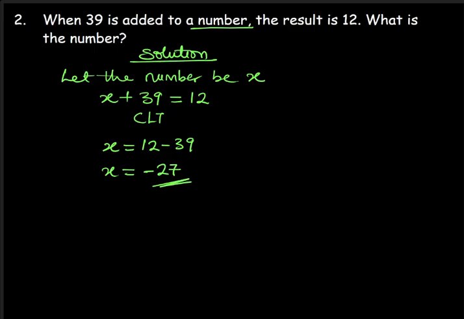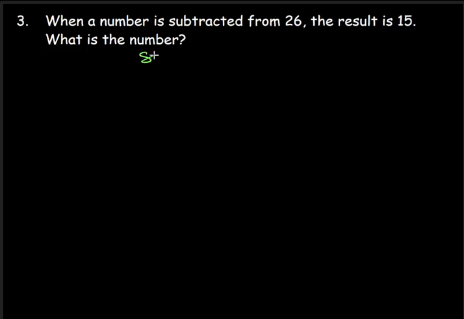Okay, and then we move to number 3. What do we have in number 3? When a number is subtracted from 26, the result is 15. What is the number? When a number is subtracted from, please take note of this, is subtracted from. First of all, let the number be y. So when y is subtracted from 26, please, let's look at this.